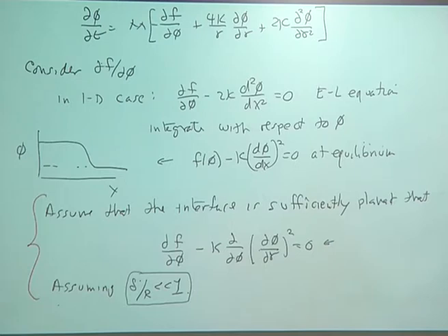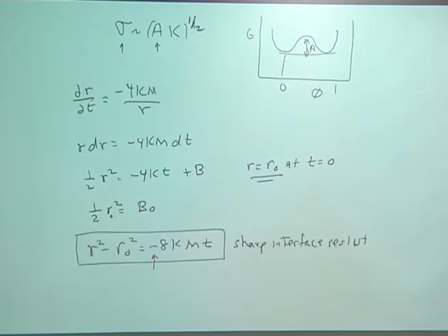What this means is that as the particle shrinks, you start off with a large particle, and the interface thickness is this, let's say. When the particle gets down to this size and the interface thickness stays the same, you have a problem.